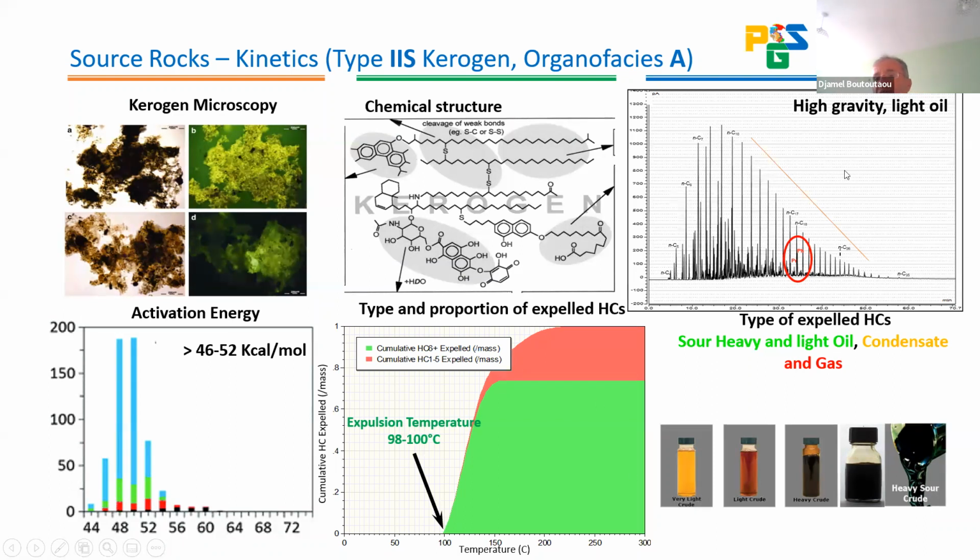So what type of hydrocarbons do we expect? As a geochemist, I know if I have a marine carbonate source rock, this is the type of gas chromatogram I can expect. That is a high gravity light oil, but it's generated at quite high maturity. The first oil is always quite heavy, so the chromatogram will contain more alkanes on this side. These two markers here in red are known as pristane and phytane.